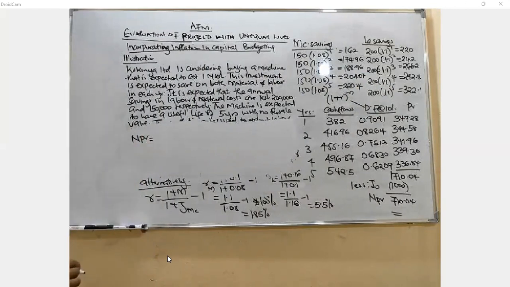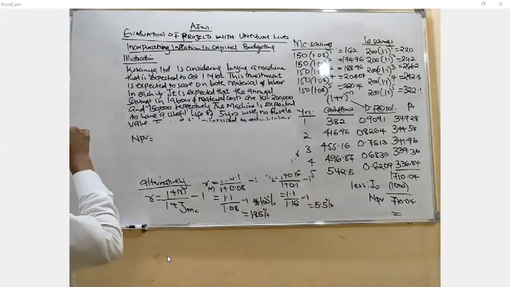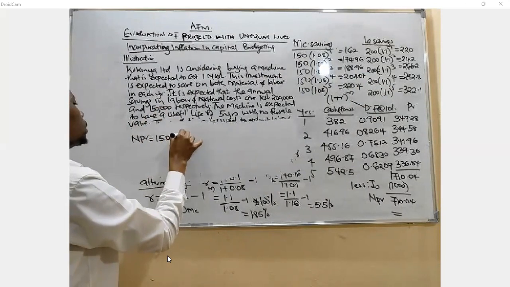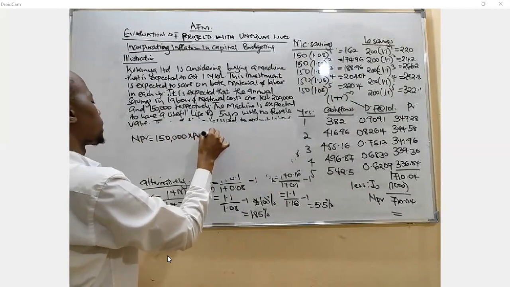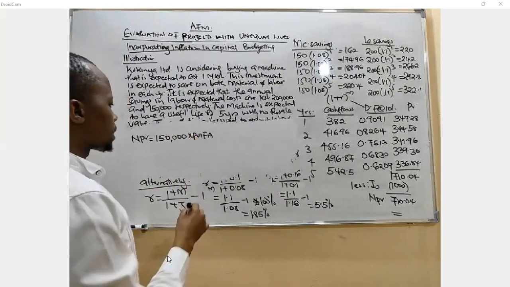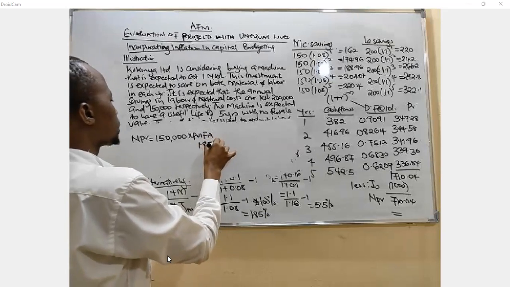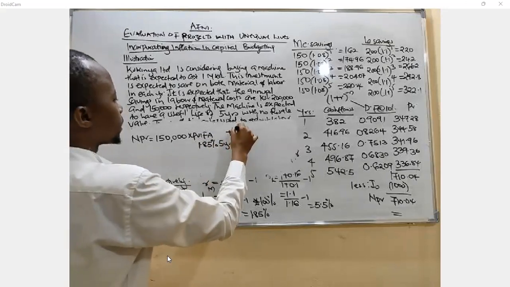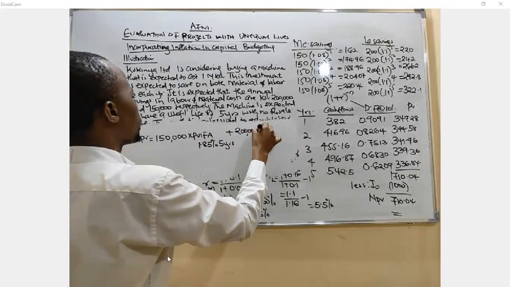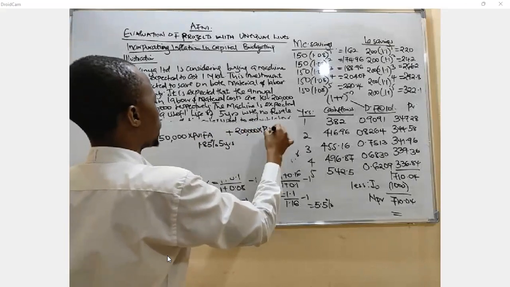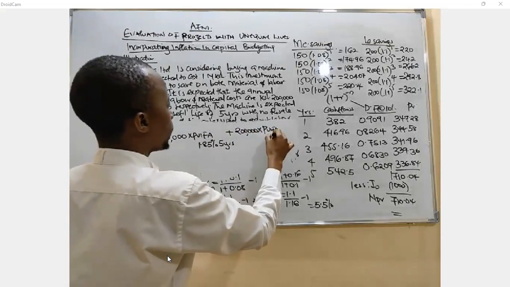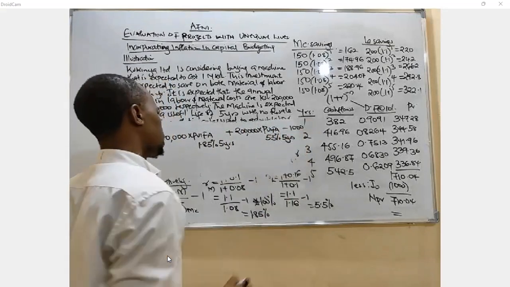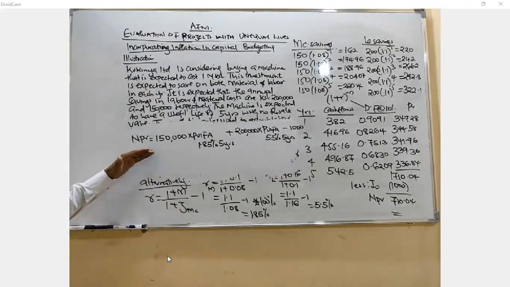You could tell me, Mwalimu, we take the saving for material cost, which was 150,000, multiplied by the present value interest factor annuity at 1.85%, 5 years, plus 200,000 multiplied by the present value interest factor annuity at 5.5%, 5 years, minus our 1,000. These answers should be similar.